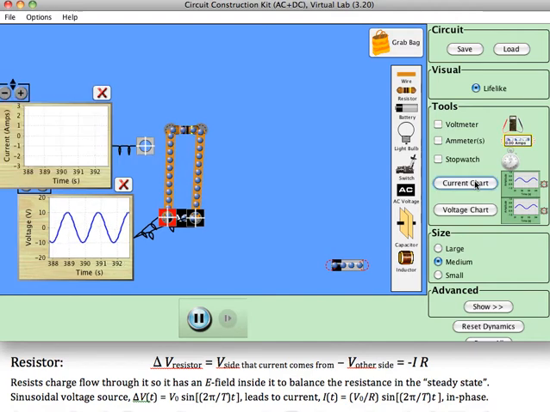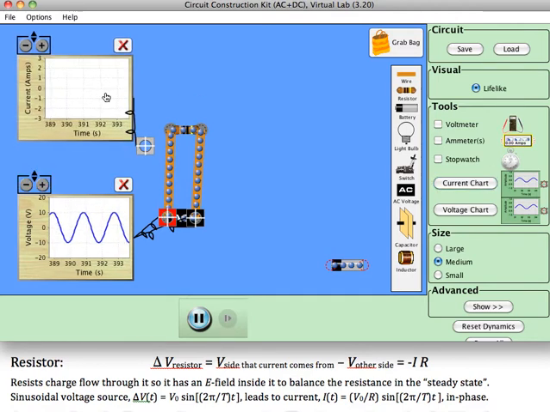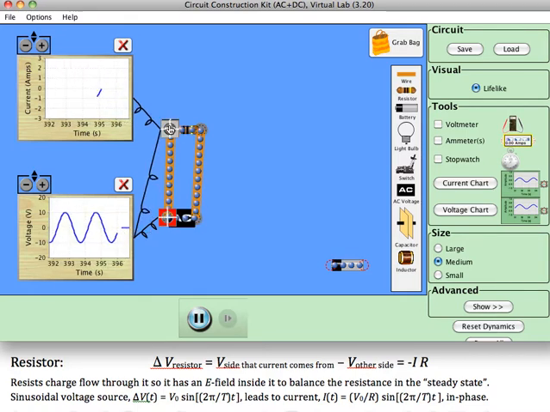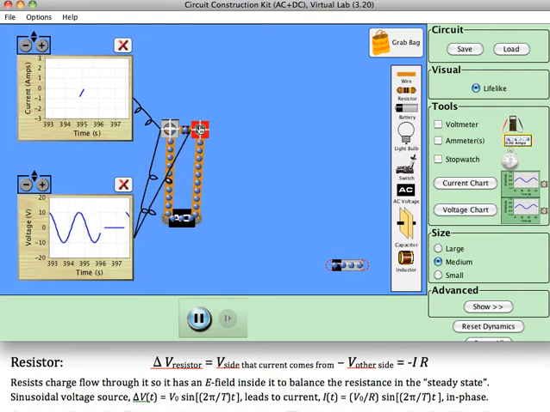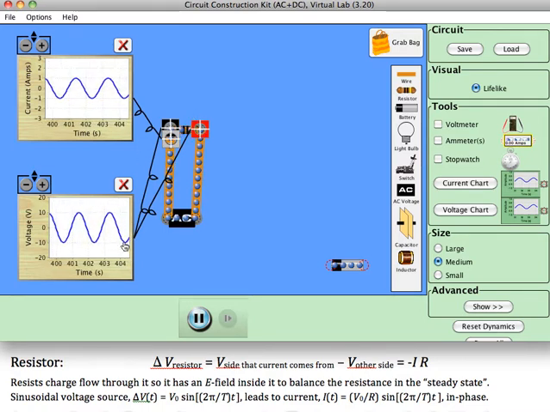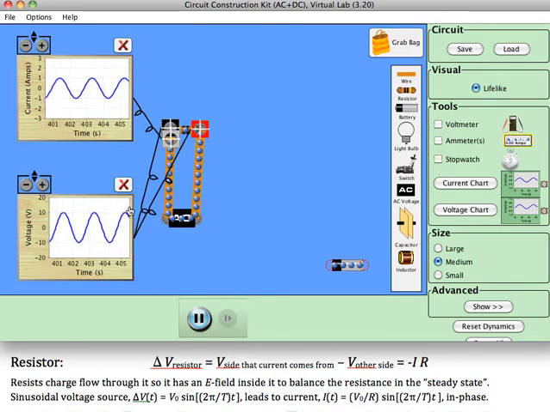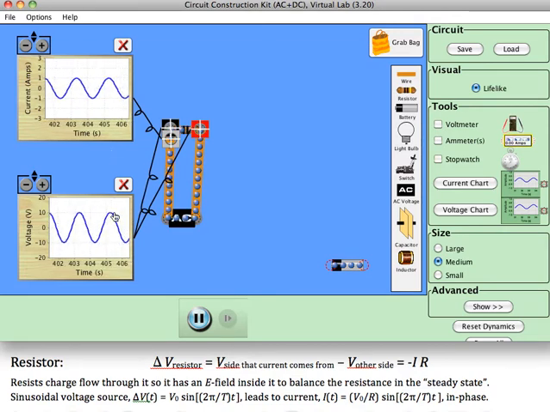We can monitor not only the voltage, but the voltage across the resistor. And you see that when the voltage across the resistor is small, the current is low. When the voltage is a maximum, the current's a maximum. So these line up. When there's a big voltage, there's a big current.